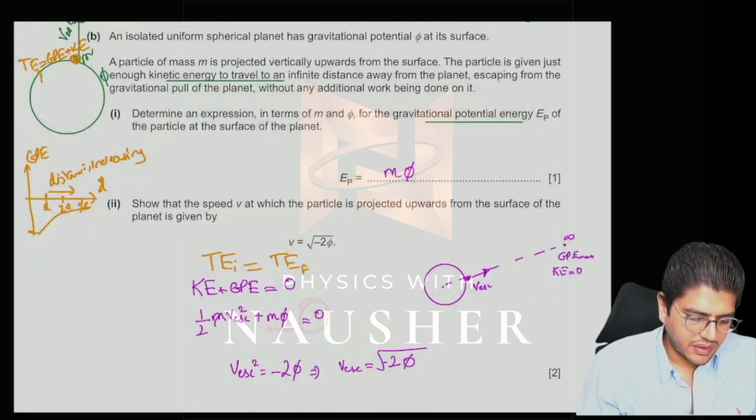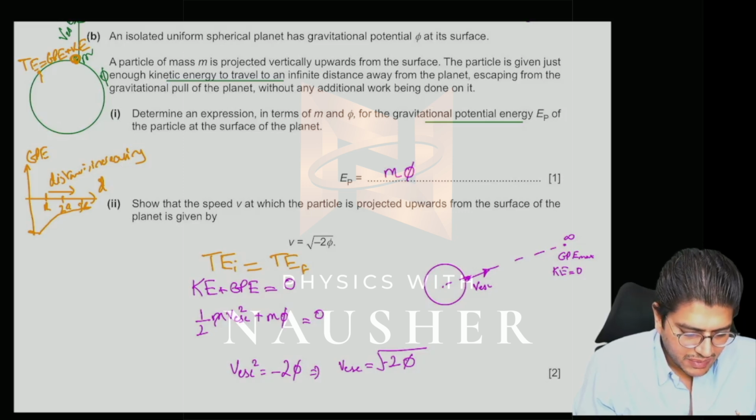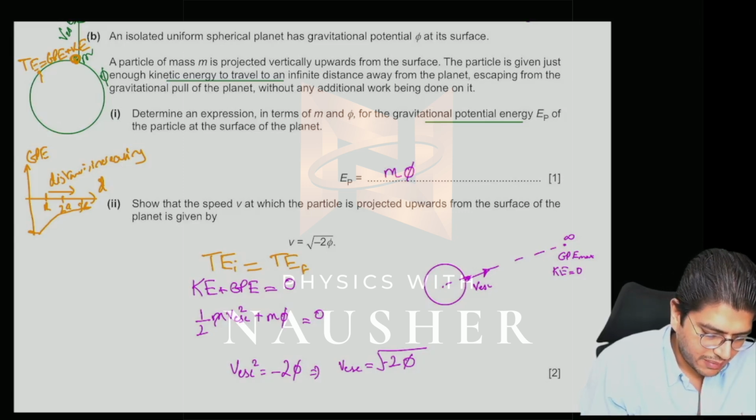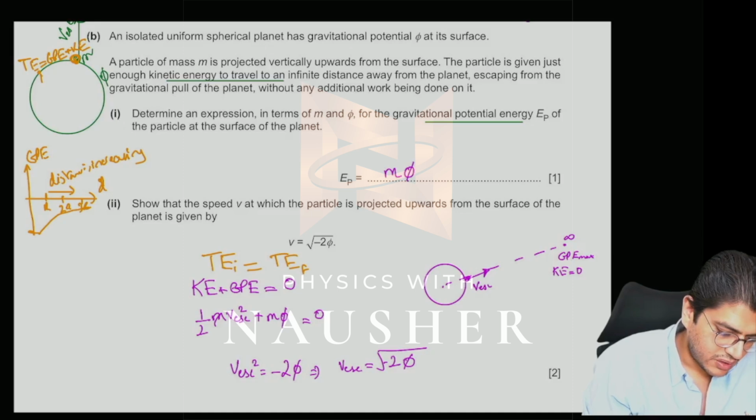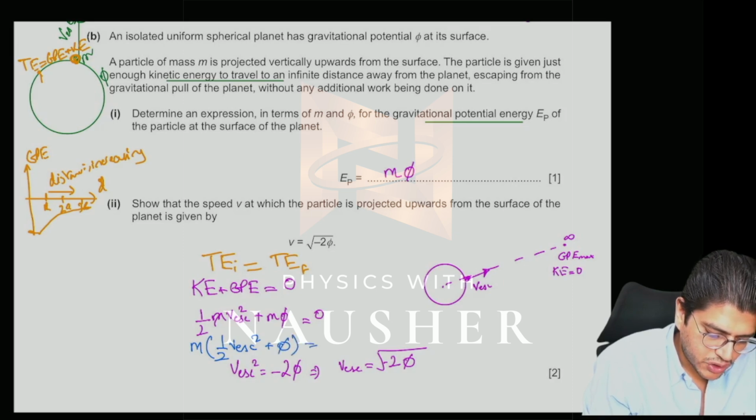Now do the math. You can eliminate the m's because you can take m common. So cancel out this m, cancel out this m. If you're confused, m common. So half v escape squared plus phi should be equal to 0.